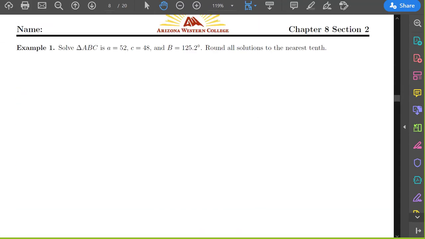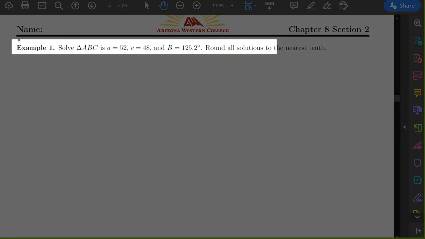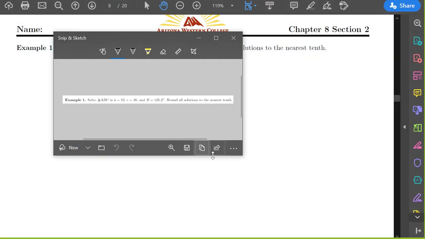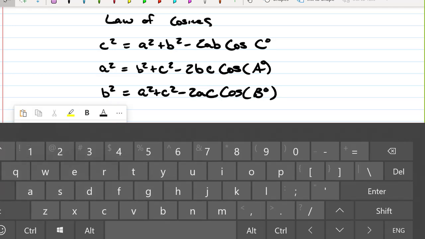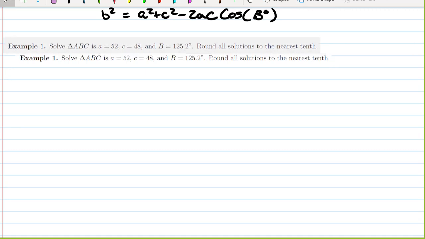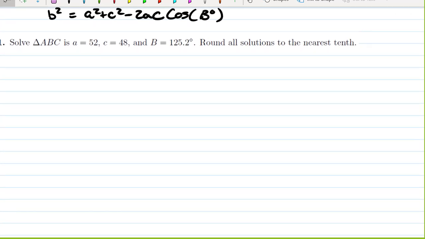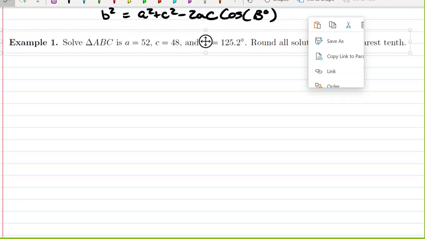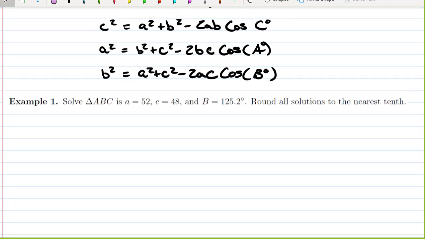So let's go ahead and take a look at example number 1. In example number 1, we want to solve the triangle ABC, and we want to round all of our solutions to the nearest tenth again. So as always, let's start by drawing a triangle.